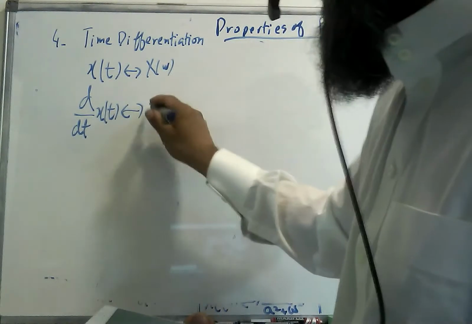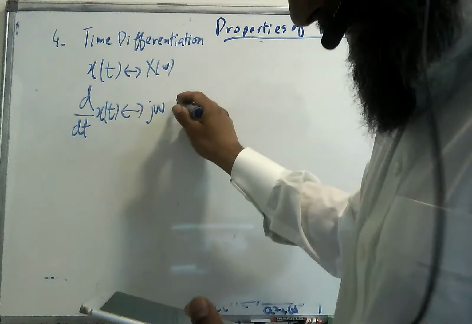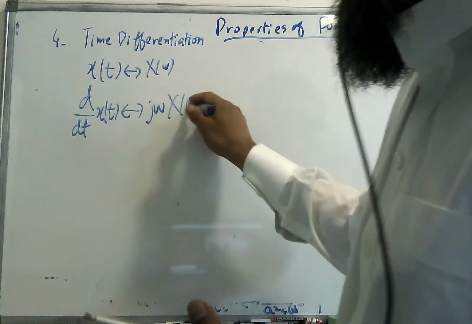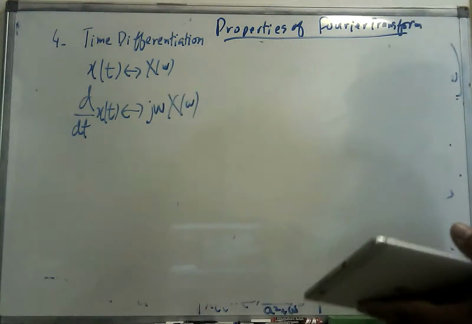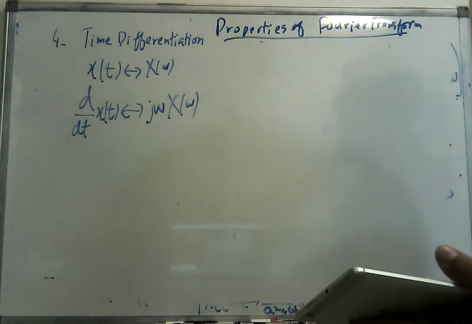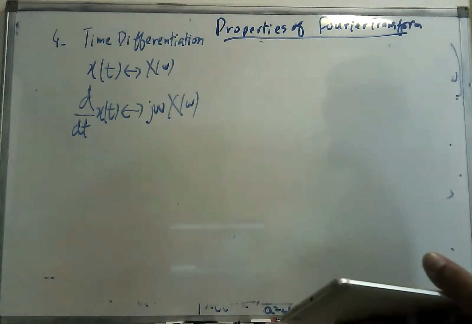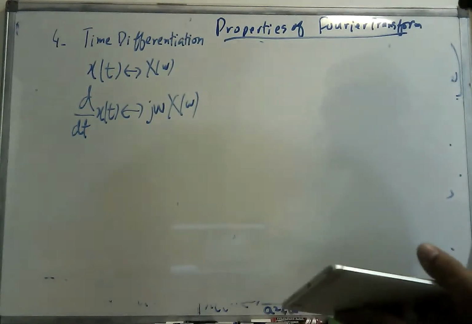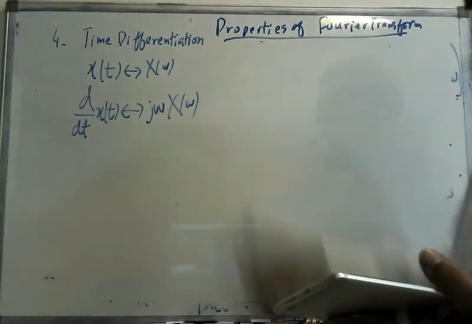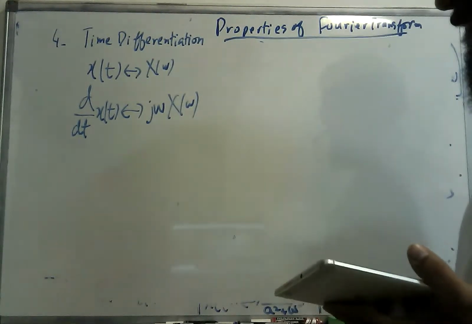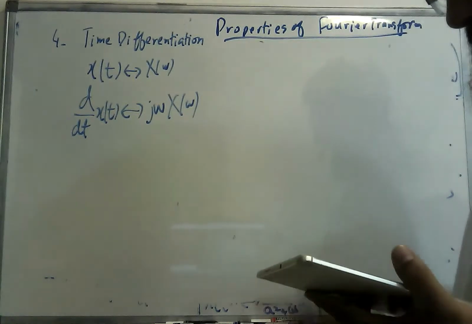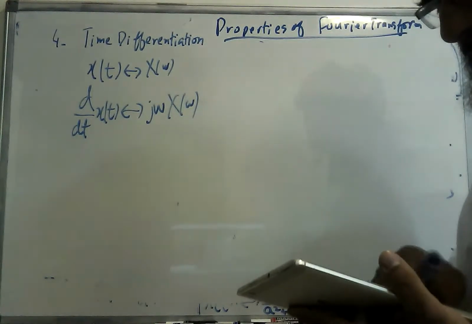The Fourier transform is just j omega X of omega. That's it. This property is used in many occasions when we do circuit analysis. So in circuit analysis we use this property.